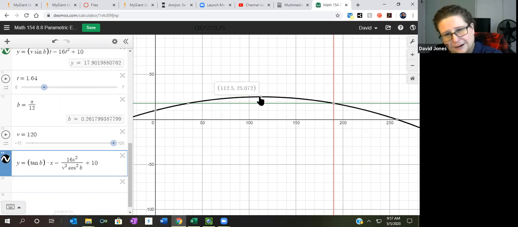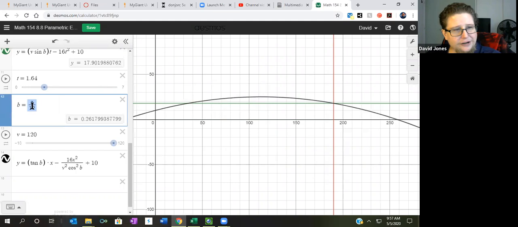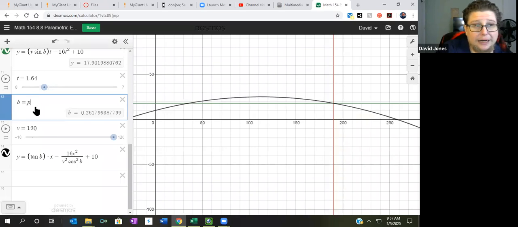And I'm coming in at a hard angle. I can't imagine hitting a pool very well like that and being happy. Let's take a look at 30 degrees. 30 degrees in this is what? Pi over 6.